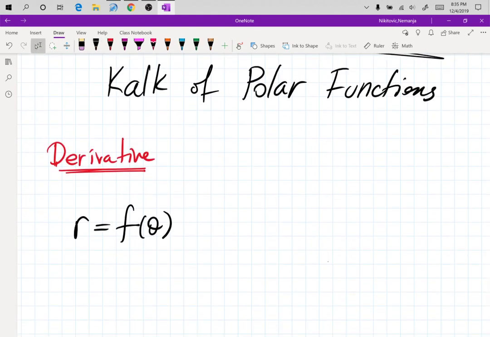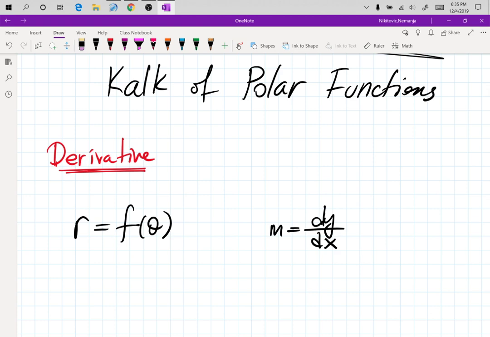But your slope m is equal to dy/dx. And you don't have any x's and y's in here, and you don't want to convert it either. So how do we deal with this?